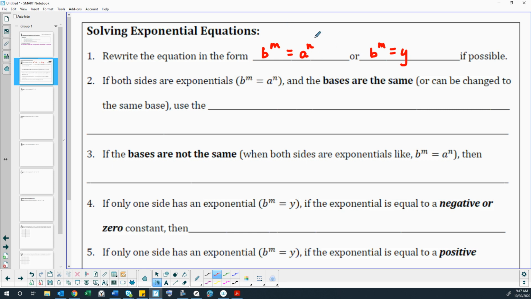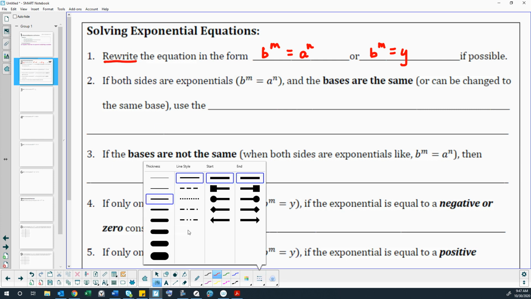This is where both sides are exponentials, and this is where one side is an exponential and the other side is a constant. The main idea of getting it to this form is dividing out any coefficients that might be in the way of it looking like this.